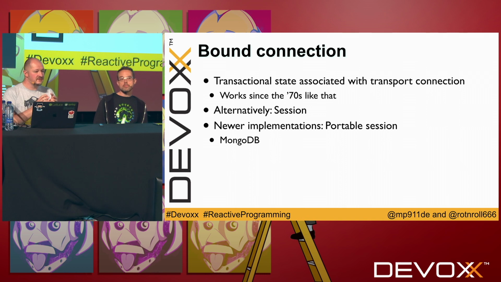And this transaction is really tied to that session, and still it isn't really portable. So therefore, we have to bind a transactional resource to whatever transactional scope is going on. So that bound connection will be, I think, very important for some edge cases we will see later on.